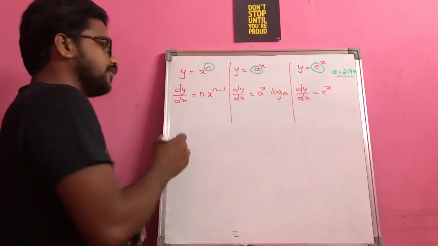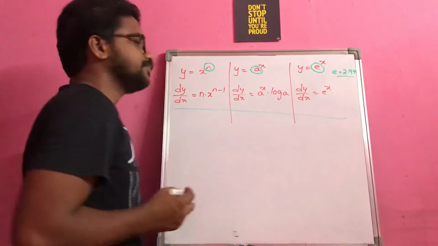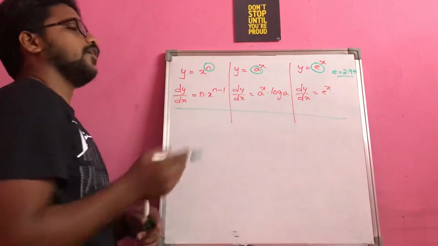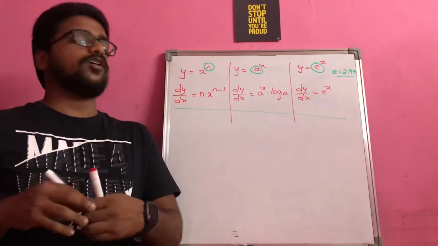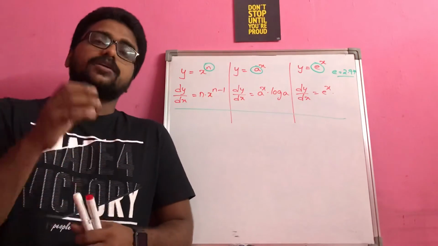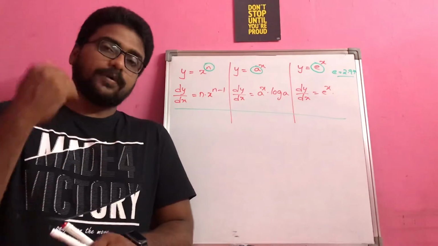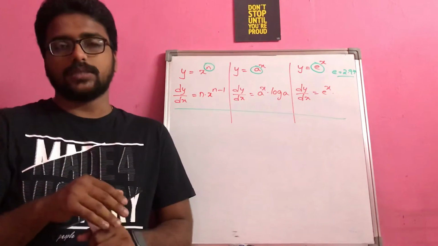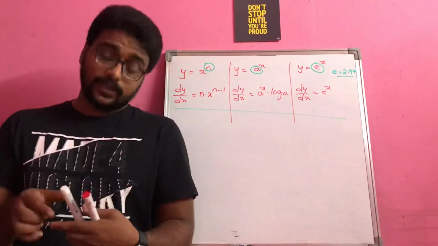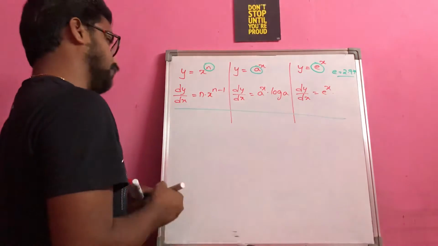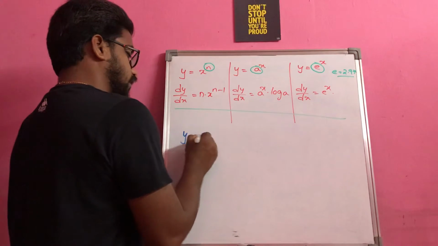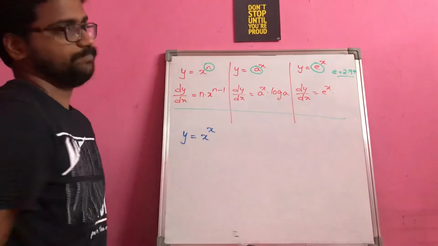So the basic difference, if you try to understand here, in all these formulations which are in the form of an exponent, somewhere in the base or in the power you are having some constant. Now what if the case is like this? If we are having a function like y is equal to x power x.